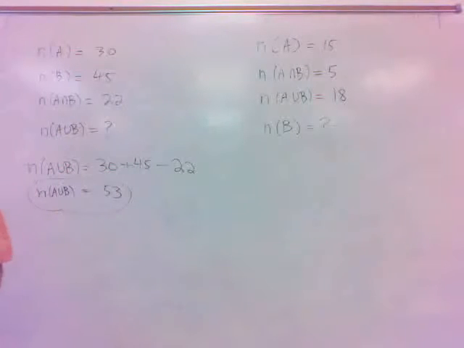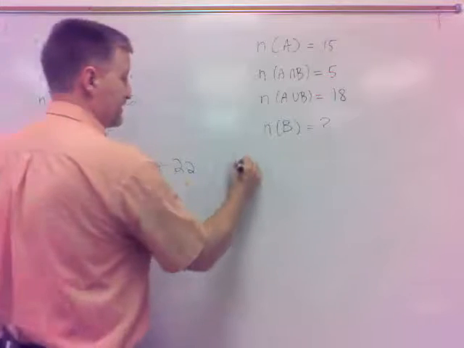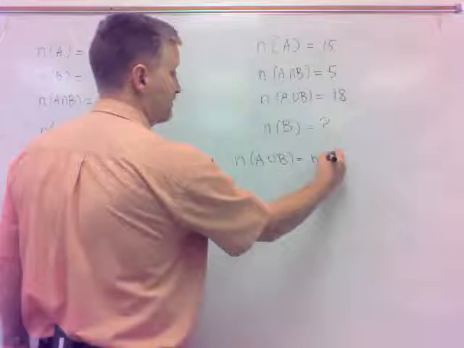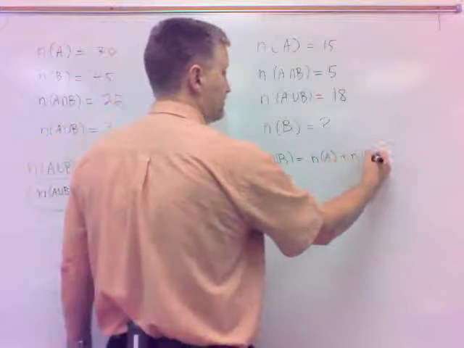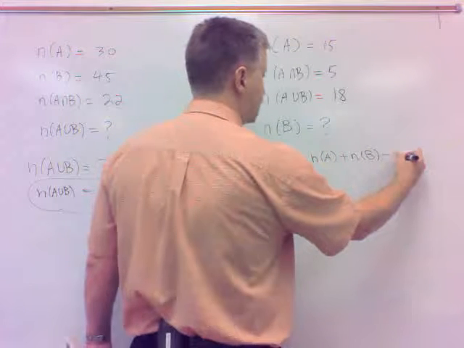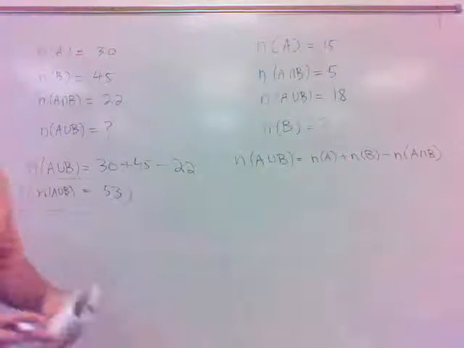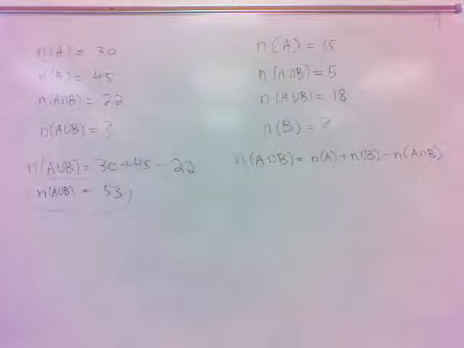And the answer is, I can do that. Yeah, it turns out in that formula, we're still going to use the same formula, which what was it? Number in A union B equals the number in A plus the number in B minus the number in A intersection B. I'm still going to use that formula.